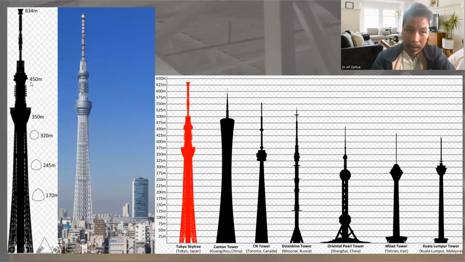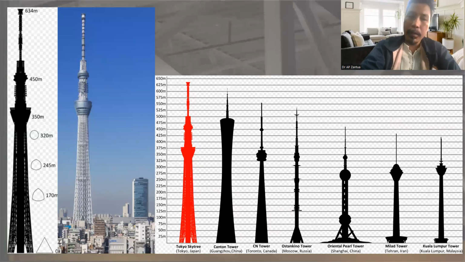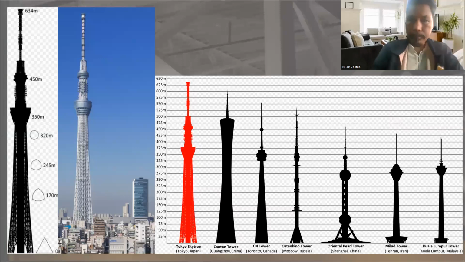At 450 meters, we have another connection, and so on up to the highest portion, where they can put the TV, Wi-Fi or other telecommunication devices for transmitting signals.